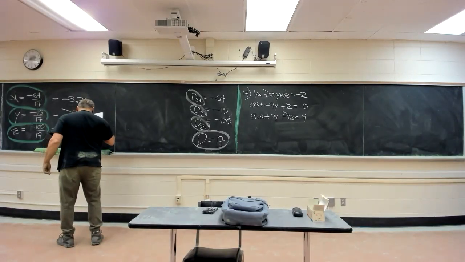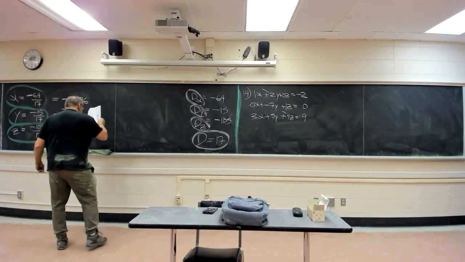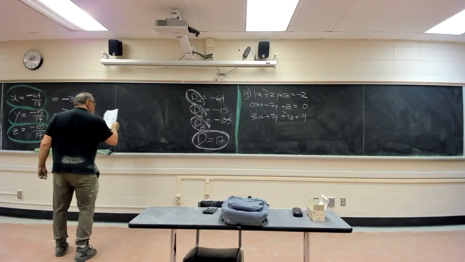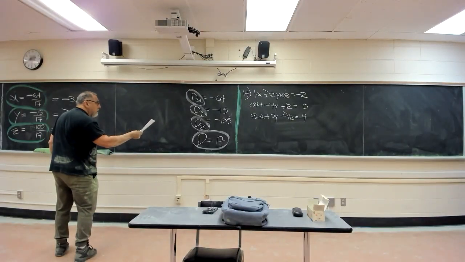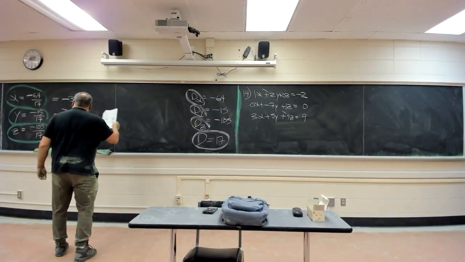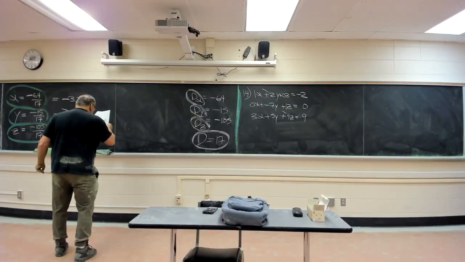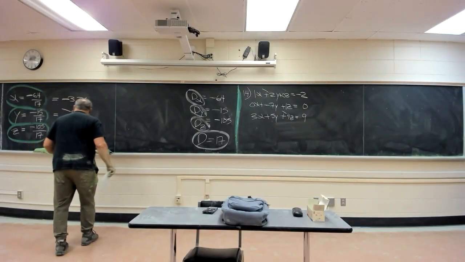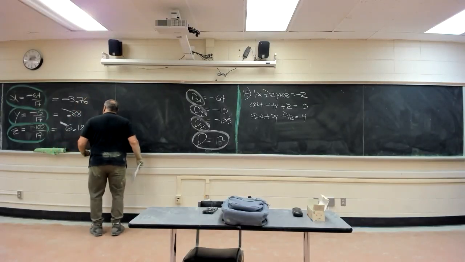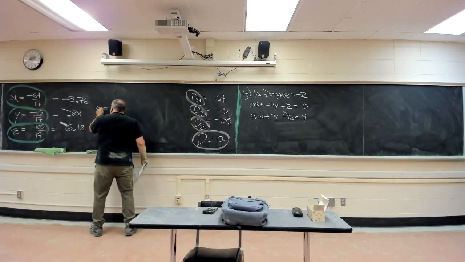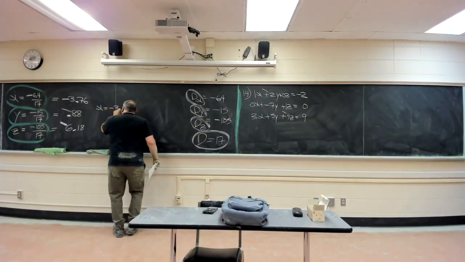Rounded to the nearest hundredth, for number 14, x is negative 3.76, y is negative 0.88, z is negative 6.18. Yeah, spot on. For our purposes, rounded to the nearest hundredth, we've got this.